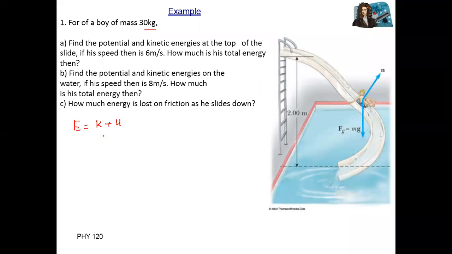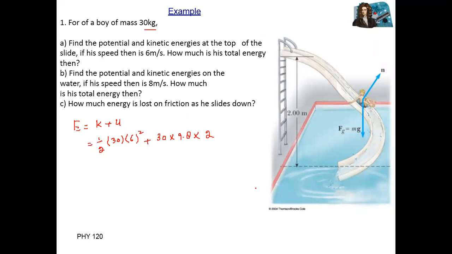Kinetic energy is equal to half mv square, where m is 30, v square is actually 6 square, plus potential energy. Potential energy is mgh, mass multiplied by 9.8 multiplied by height, where height is 2 meters.